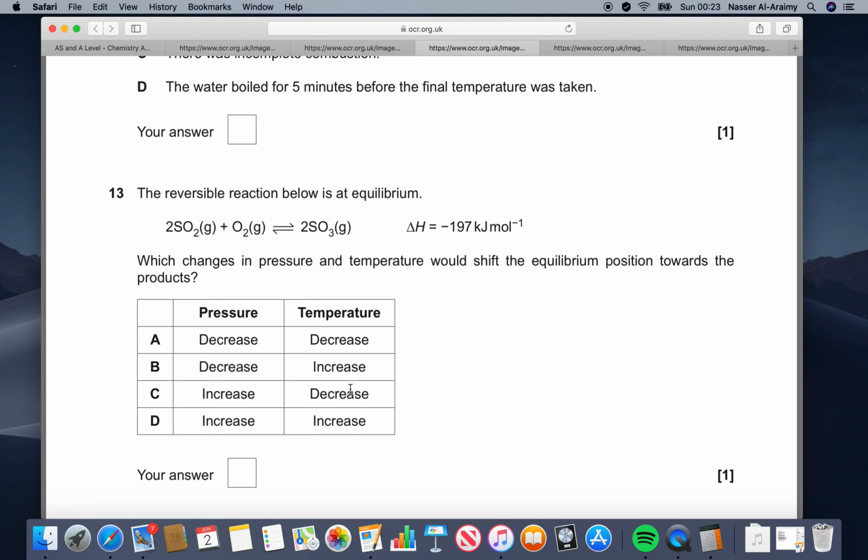Because if you had an endothermic reaction, it would use up that energy if you increased the temperature. So yeah, that makes sense.